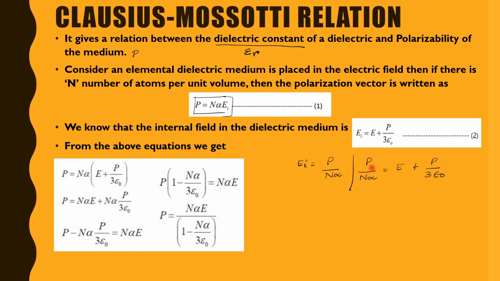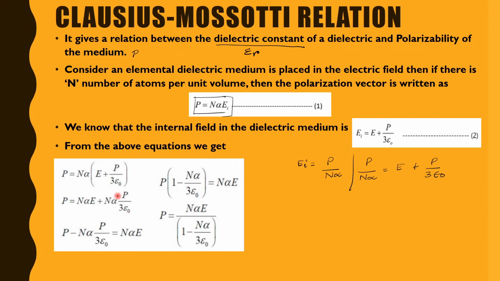Now I will move this n alpha to this side. So we get P is equal to n alpha times E plus P by 3 epsilon naught. Now when we multiply this, we get n alpha E plus n alpha P by 3 epsilon naught.